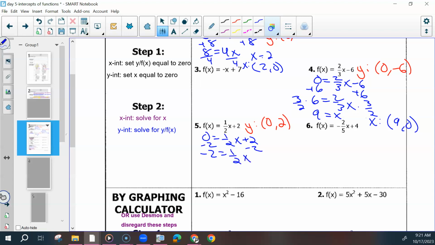And then doing what to get rid of the 1/2? Which would be 2. Or you can just do either or for that one. So that our x value equals, and how would we write that as an ordered pair? 4. Other ones in that section we'll let you go over and have questions about.